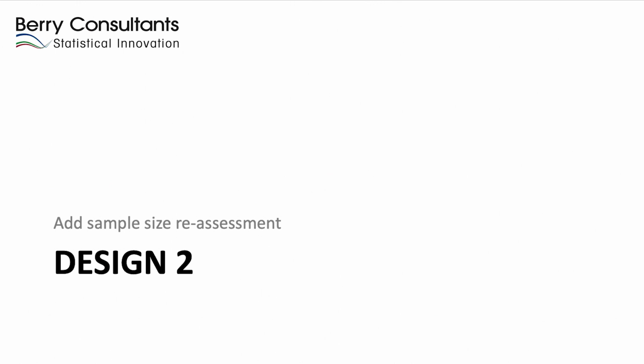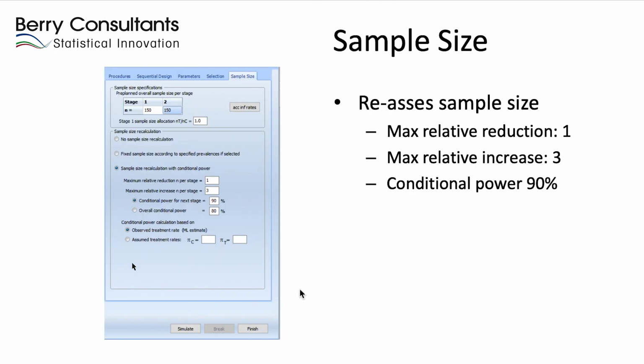So that's what we're going to do for design 2. For this, we keep everything else the same, but we go to the sample size tab, and instead of saying no sample size calculation, we're going to enable sample size calculation, and we're going to use conditional power. So the power is going to be dependent on the treatment effect that we've observed in the first stage.